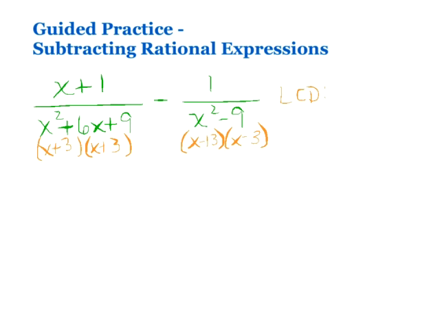So I'm going to need 2 of them in my LCD. And we'll say that by squaring it. And then for the x minus 3, we just have the 1 that's here, nothing over here. So I just need the 1 x minus 3 to complete my LCD. When we rewrite, we're going to have x plus 3 squared times x minus 3 for denominators.